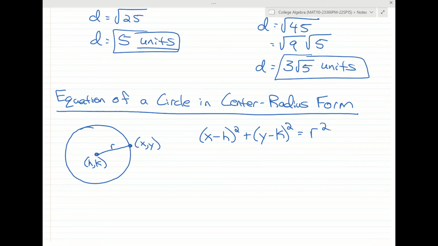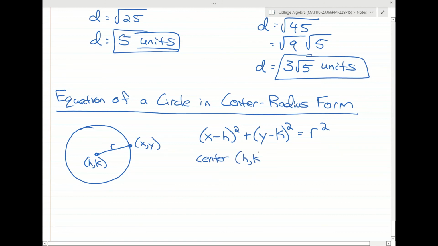That's just the distance formula, which is the Pythagorean theorem. They're all the same thing. The center of our circle is going to be h comma k, and the radius is going to be r.